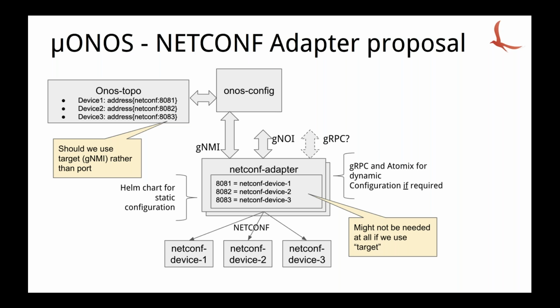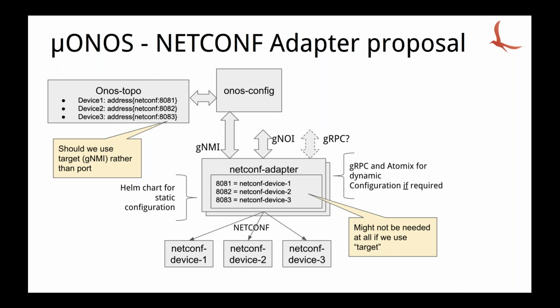So I tried to think about what would be necessary for a NetConf adapter. Would it have dynamic configuration? Would it have static configuration? Obviously it's going to have gNMI northbound and NetConf southbound.